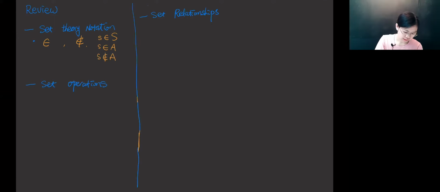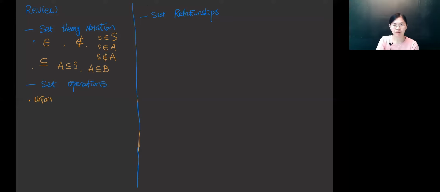The second set theory notation is subsets. An event A is a subset of the sample space, and an event A could also be a subset of another event B. The set operation concepts we learned include union.